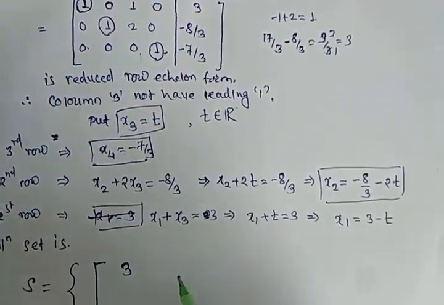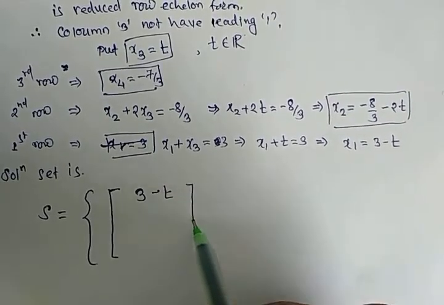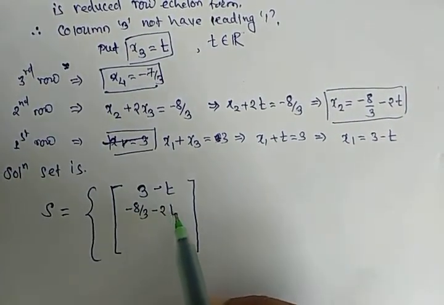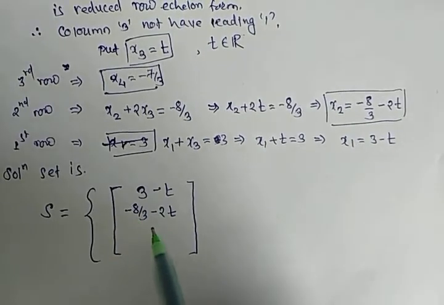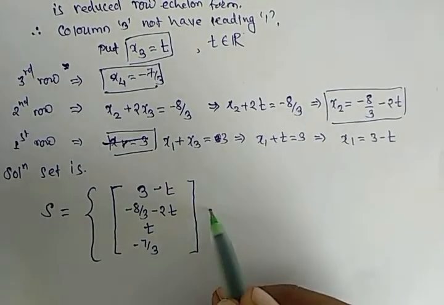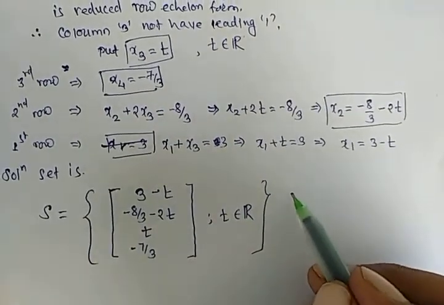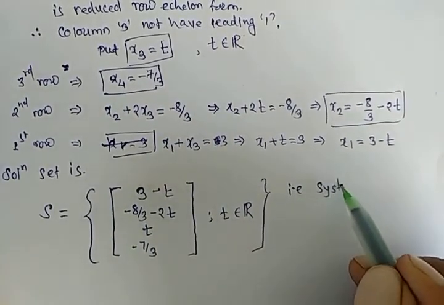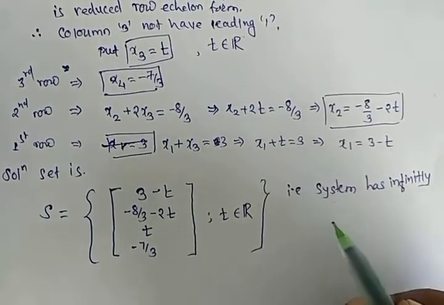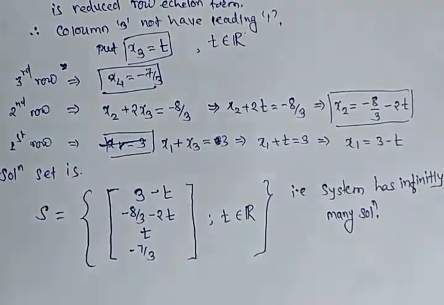So our solution set is: x1 is 3 minus t, x2 is minus 8 upon 3 minus 2t, x3 is t, and x4 is minus 7 upon 3, where t belongs to R. That is, the system has infinitely many solutions, which is our required solution.